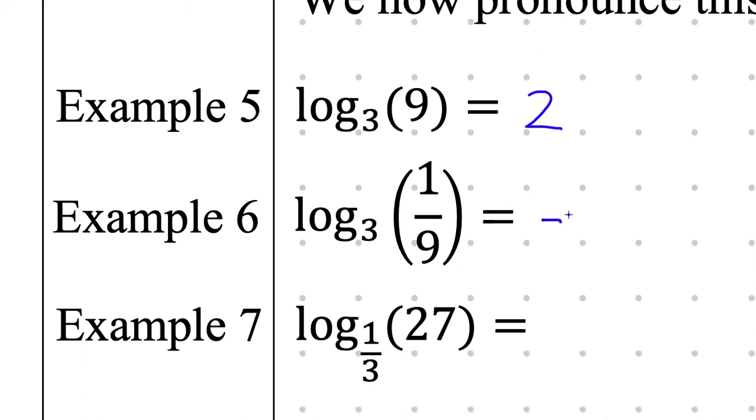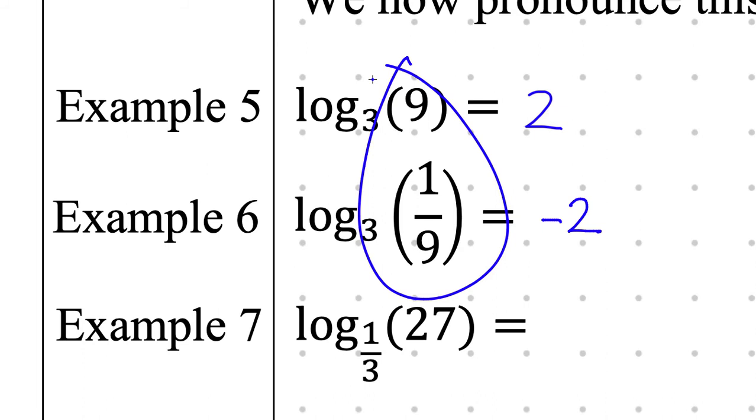Negative 2. Look at the difference between these two logarithms. The only difference is that one is 9 and the other one is 1/9. One of them is flipped. Flip in logarithm notation just means negative. They both have the same base. The only way to get 1/9 is to make it a negative exponent.